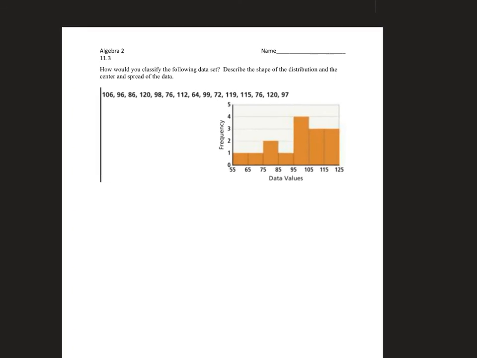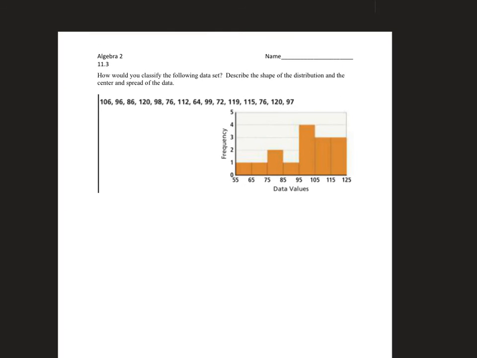And then this last example, how would you classify the following data set? Describe the shape of the distribution and the center and spread of the data. So if we look at this one, we can see that this is skewed left because the tail of the data is on the left.